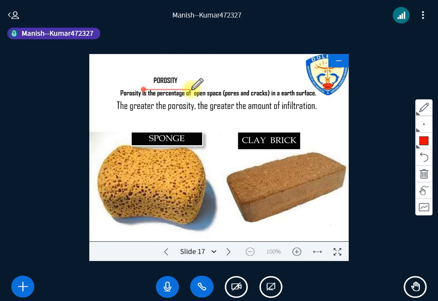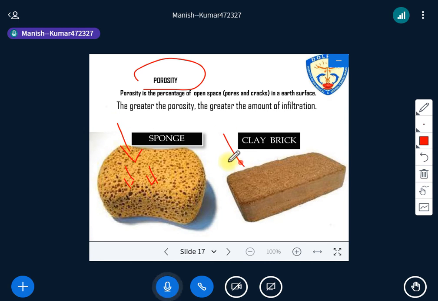Then porosity. You can easily look at the porosity. Porosity means the open space, pores or cracks in the earth surface. We have two examples here. A sponge has lots of open space. A clay brick has very little open space. So we get more infiltration obviously in the sponge.